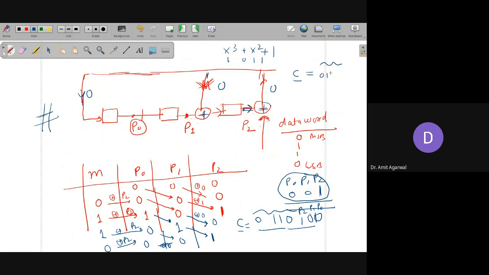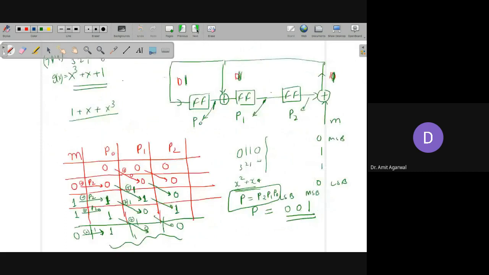So initial data word will be same, and then the output at the last gives you P naught, P1, P2, and you write it like this. So it is 100. So your code word corresponding to this data word will be this. So this is how the encoder circuitry, hardware circuitry works for the cyclic codes, which is made of shift register and modulo 2 XOR gates.